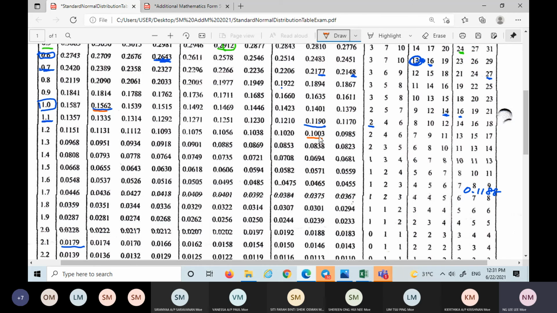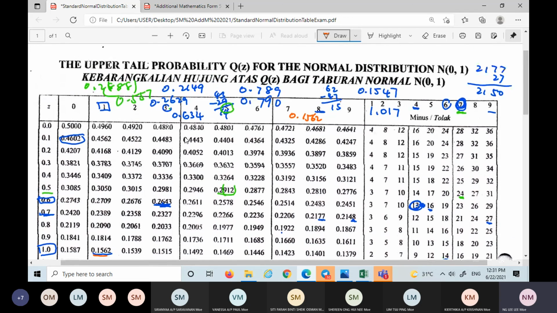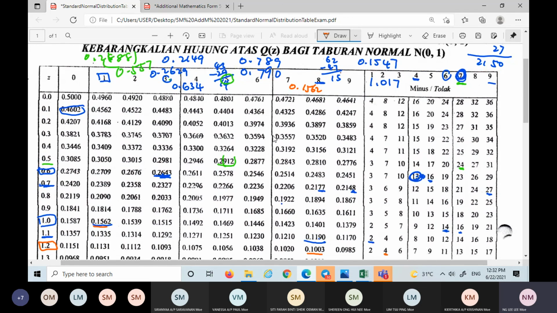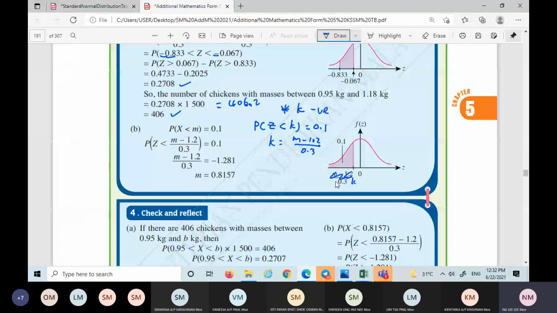If I get this value, do I have a 3, or I don't have 3? Maybe this long. So my answer is 1.2, go up: 1.282.